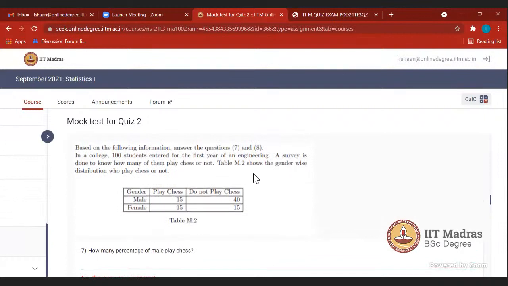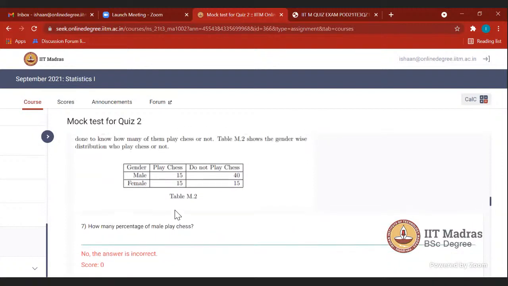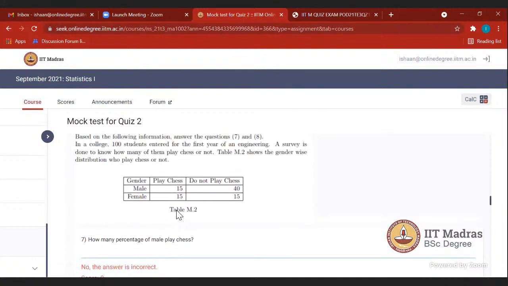Let me see here. Gender-wise, how many percentage of male play chess? Okay. 15 by 55, right? Yes, 15 by 55. How many percentage of male who play chess? Okay, it's something around 27.